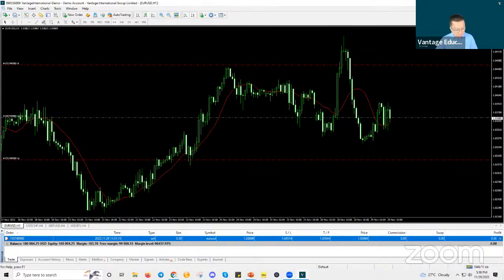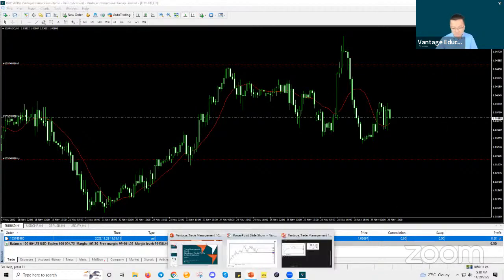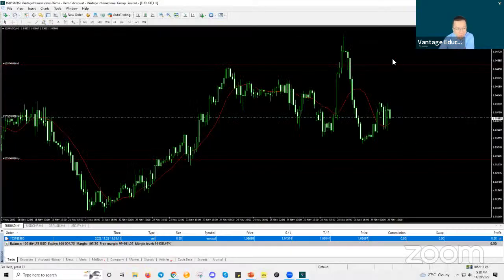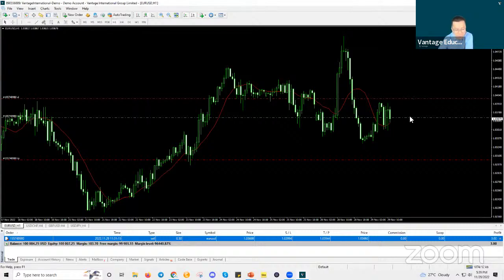Okay, coming back to the slides. So I'm sure you guys know how to move your stop loss and take profit. If price is moving towards the downside, you could move your stop loss nearer, or move it towards break even, like the example I was showing you just then.